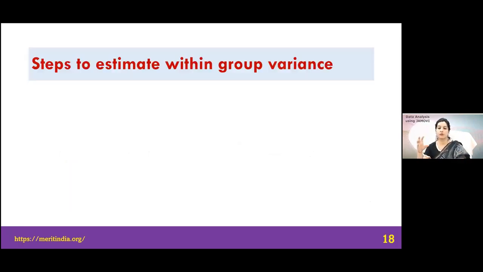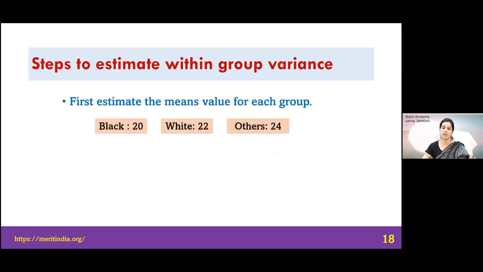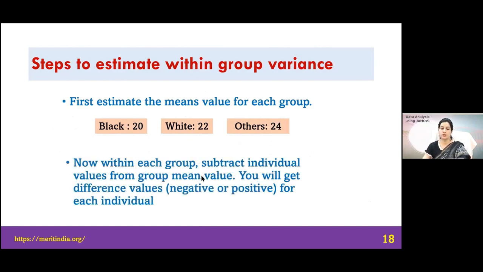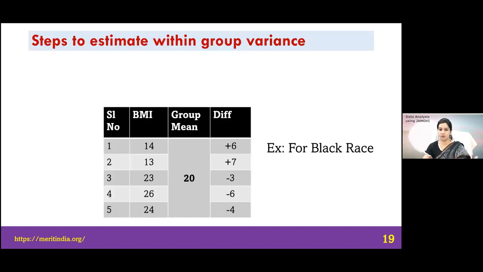So now this is how to measure the objective variance. Suppose the mean BMI of black people is 20, white is 22, and others is 24. Within each group, you subtract the individual values from the group mean, as we did in descriptive statistics. We get a value and then we square that.